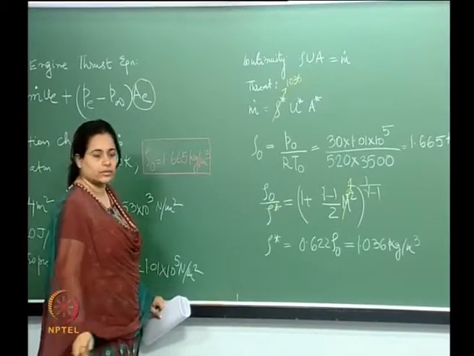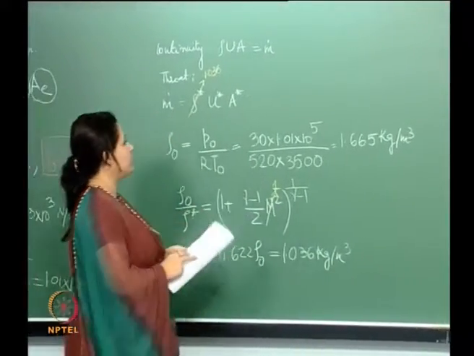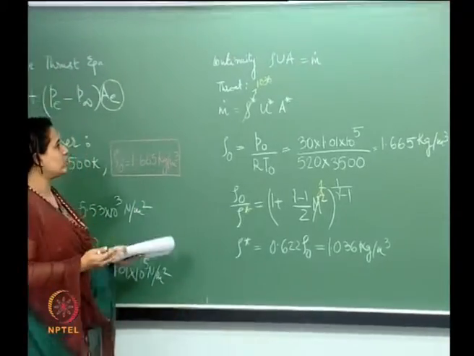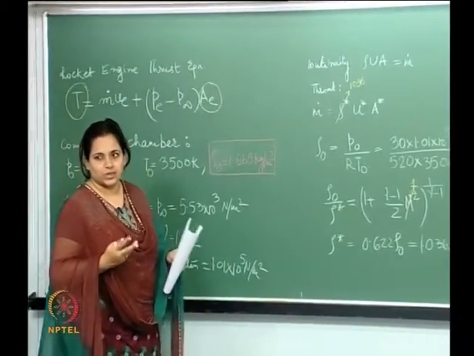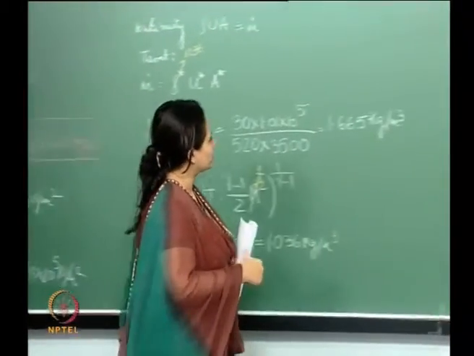Now, having done that, the next thing is we will go ahead and calculate u star. How do we do that? At the throat, which is the sonic zone, the Mach number is 1.